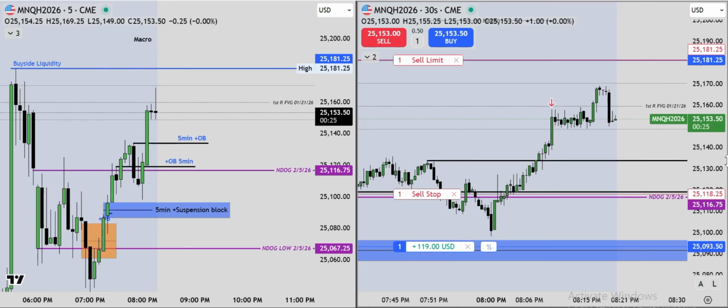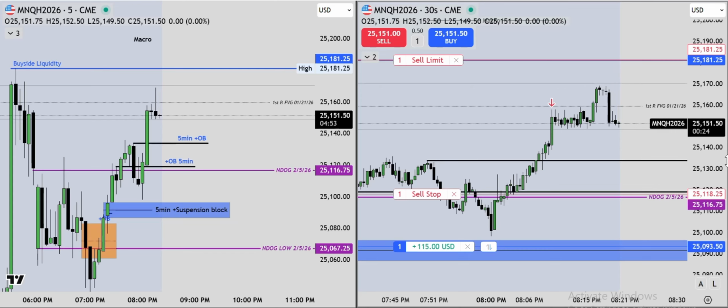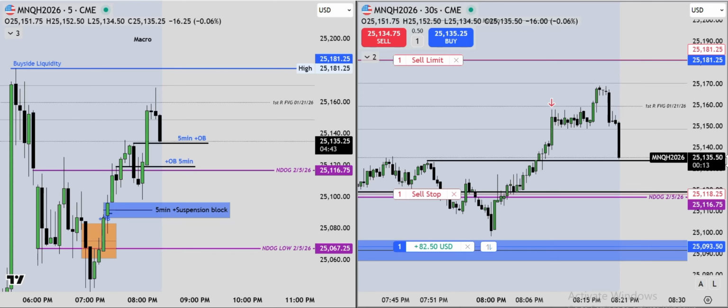So to me, that's a warning sign, not that I may not reach my target, but you see that displacement down. We're reaching that 5-minute order block, and I want price to stay above it, and also the mean threshold. But eventually, we push through all that and stop me out.